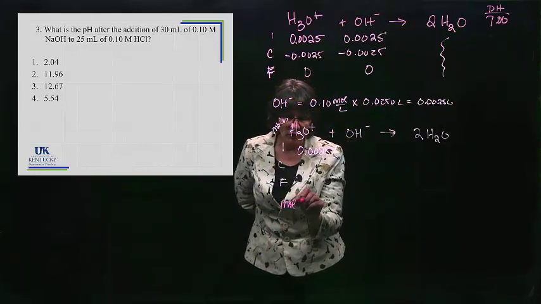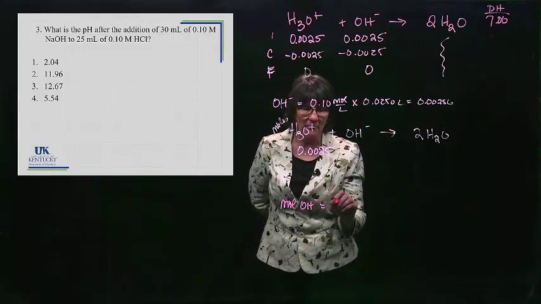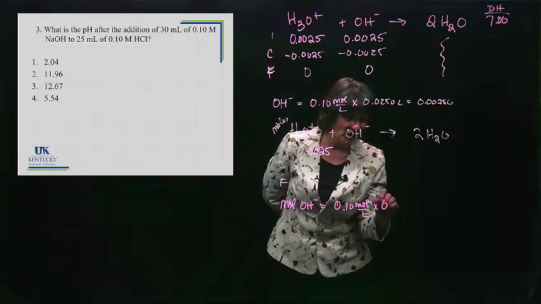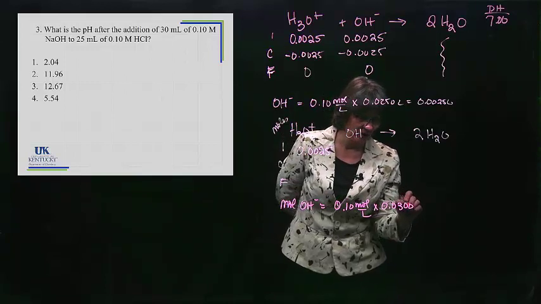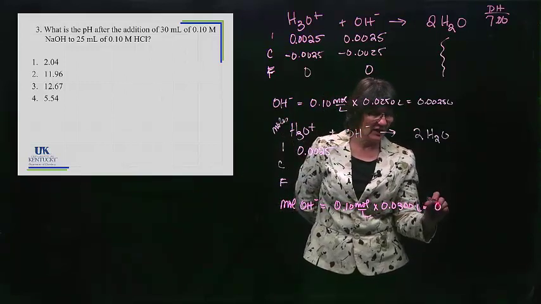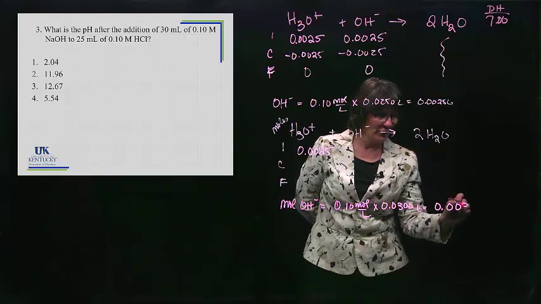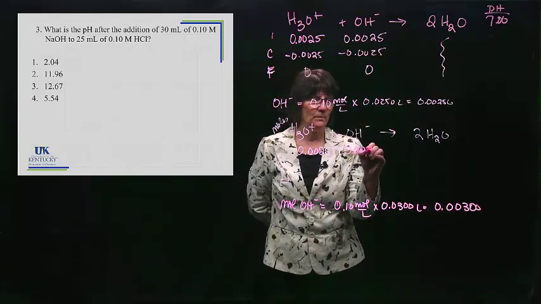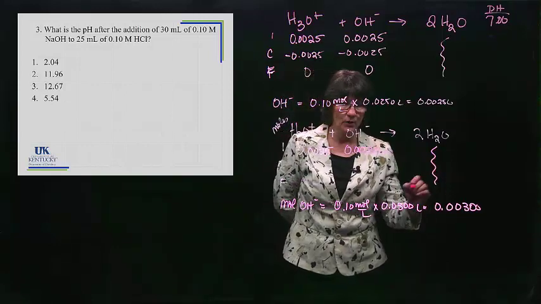So let's get the moles of hydroxide. That would be the molarity, which hasn't changed, times the volume, which has changed. It's now 30 milliliters, okay? And so that's going to give me 0.0030, and that's what I'm going to put here, and the water, okay?